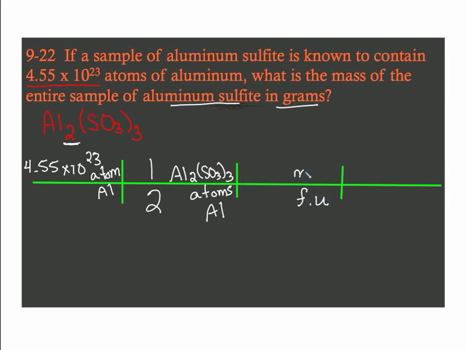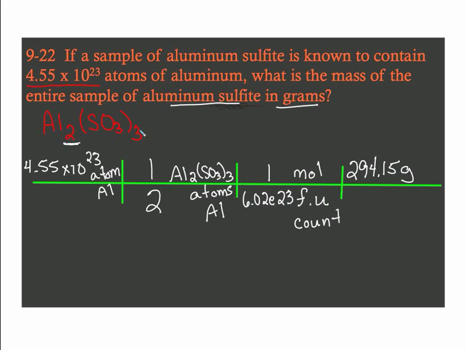Now we can get rid of formula units and go to moles. Now remember, formula unit is something you count. So it's 6.02 times 10 to the 23rd formula units per 1 mole. I'm not there yet because it asked me for grams. Now, if you're a little bit lost, look at that map while I'm working these, and I think you'll get a better idea of what we're doing. 294.15 grams of aluminum sulfite.